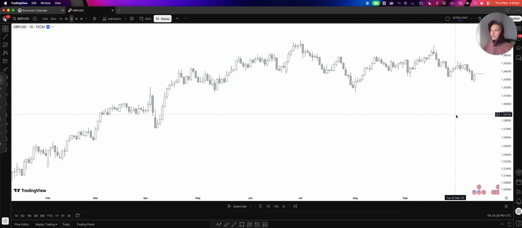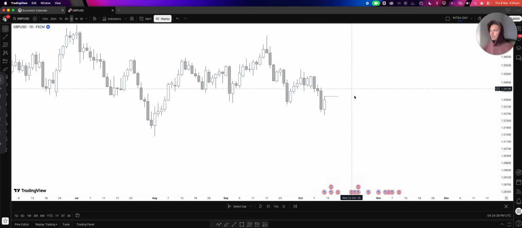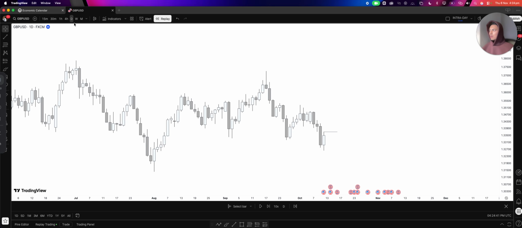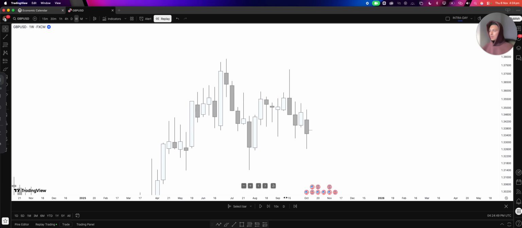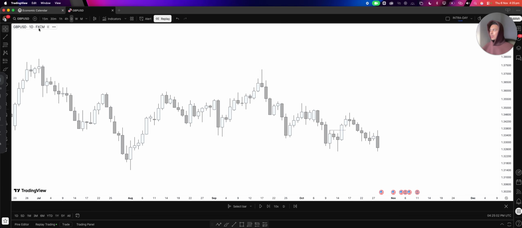GBP/USD. I go to the weekly time frame. Okay, so that's what we're seeing, right?